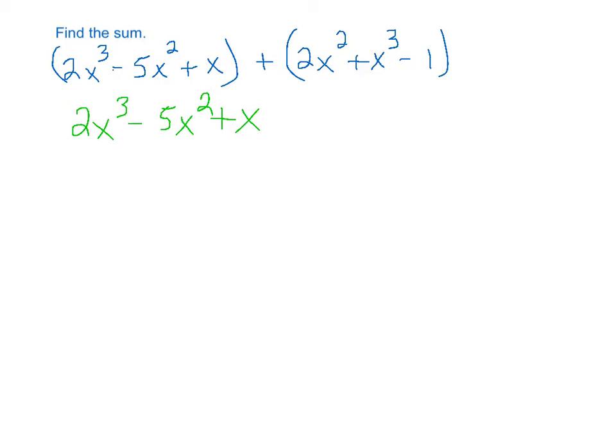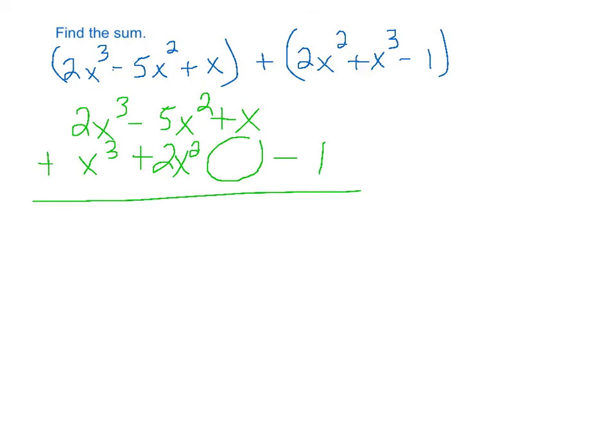It doesn't have an x to the third, so I'm going to leave that part blank and put here 2x squared because they both have x squareds. There's an x to the third. We don't have any x's, and then we have a minus 1. So this part here is blank because there's no x term there.